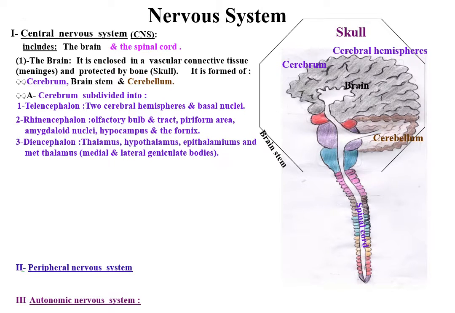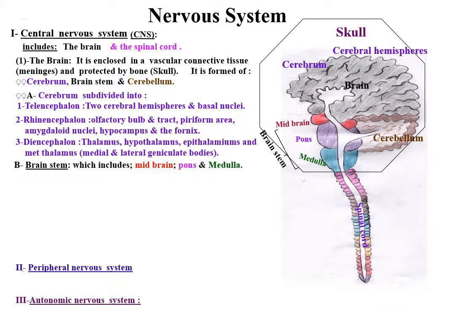Diencephalon, formed of the thalamus, hypothalamus, epithalamus, and metathalamus, medial and lateral geniculate bodies. Brain stem, which includes midbrain, pons, and medulla.